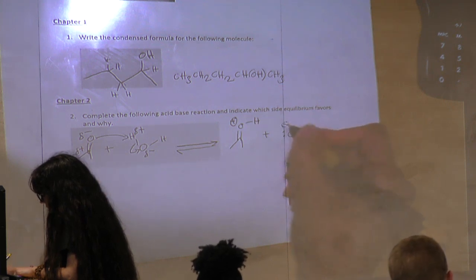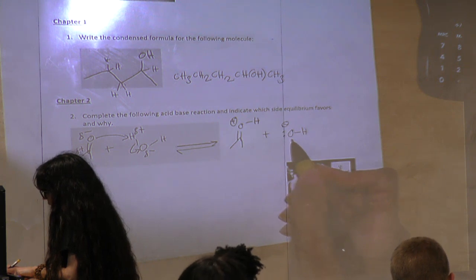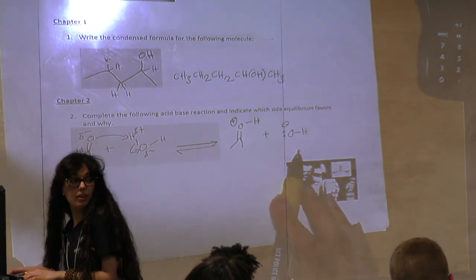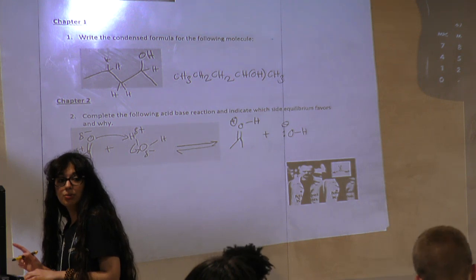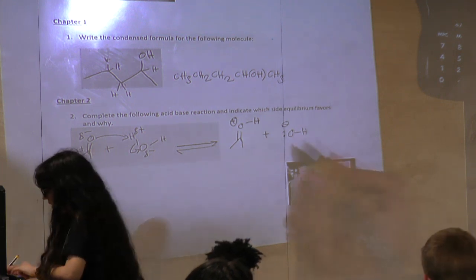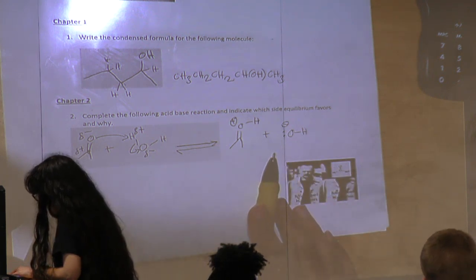Yeah, perfect, negative. Oxygen is neutral with 2 bonds, negative charge with 1 bond, positive 1 charge with how many bonds? Oxygen has a positive 1 charge with how many bonds? 3, yeah, perfect. So we completed our reaction here.